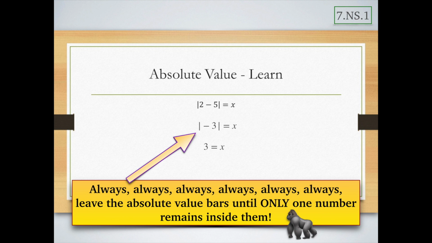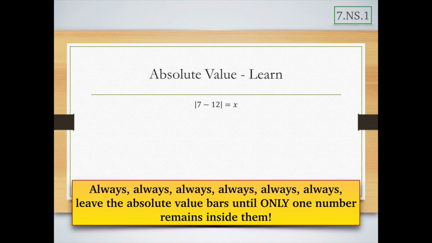That is not how it works. Find the answer to 2 minus 5. Leave the absolute value bars around that. Now you have the absolute value of negative 3. And once you understand absolute value very well, you will come up with 3. The absolute value of negative 3 is 3, as it is 3 units from 0.